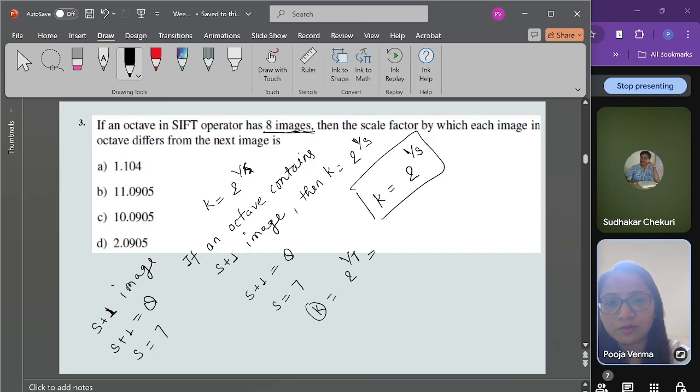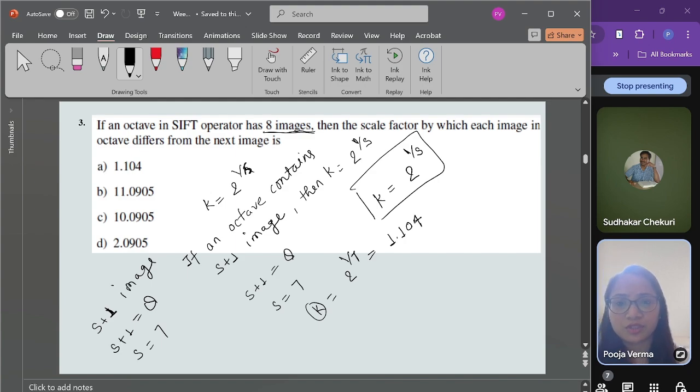So can you solve it? What will be the value? Can you calculate from your calculator? What will be the value you will get for 2 to the power 1 by 7? If you calculate it, you will get 1.104.